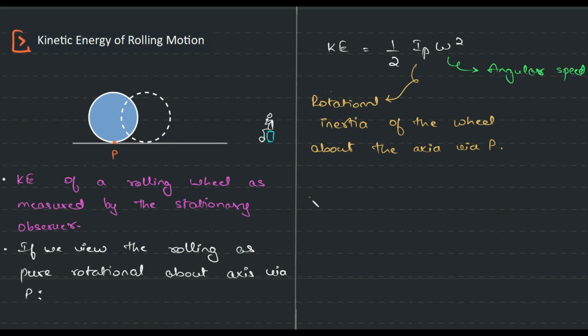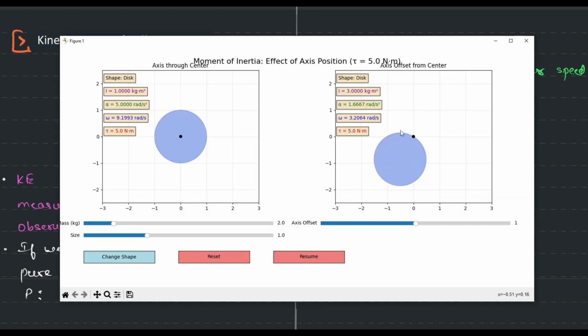The next step would be to figure out I_P, the moment of inertia of the wheel about point P. So how do you do it? I shifted the axis of rotation from the center to this.